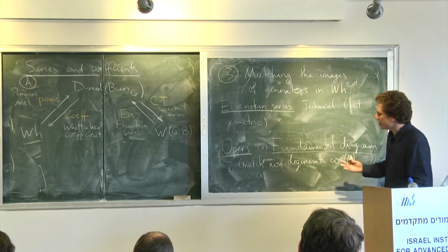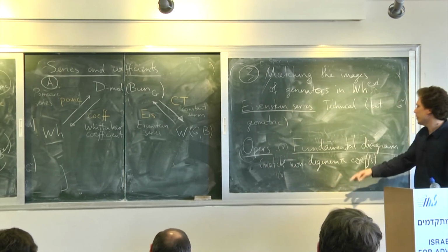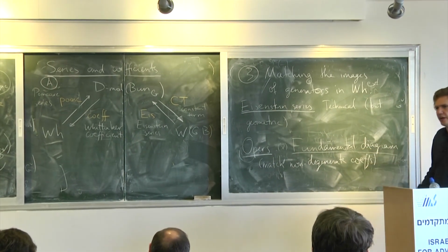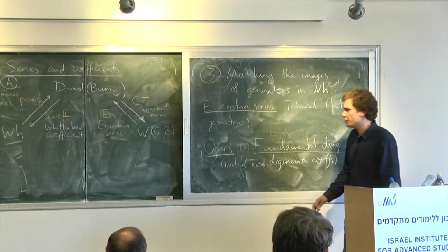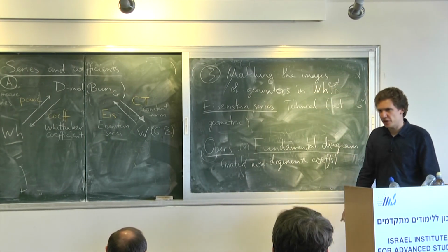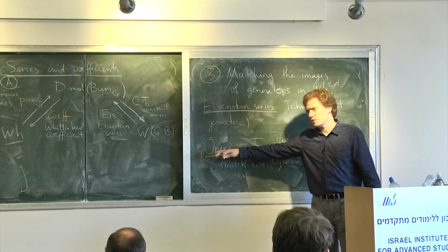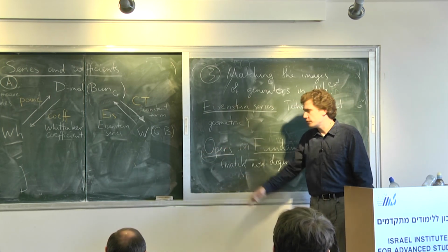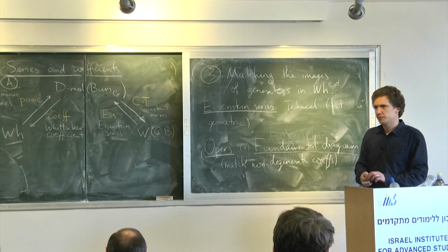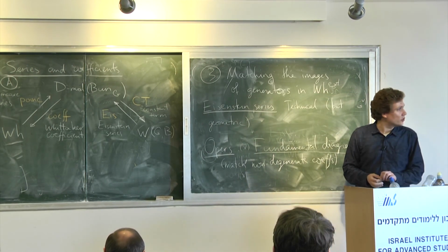I just want to say that the two things that go into the proof are one, the fundamental diagram that was formulated in Dennis's talk, and two, compatibility with the action of the Hecke algebra. These are the only things that we need to know about opers for things to work. So I think I should stop here.